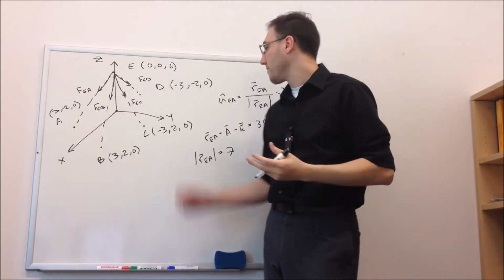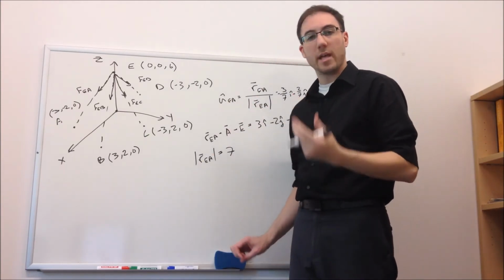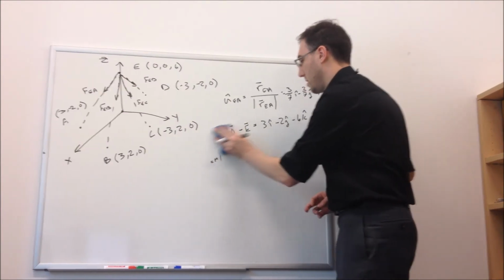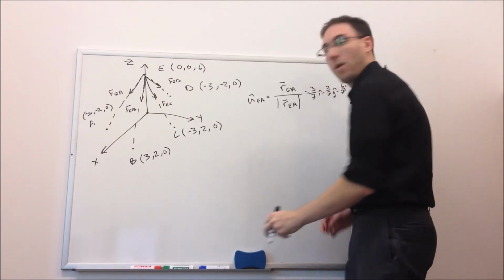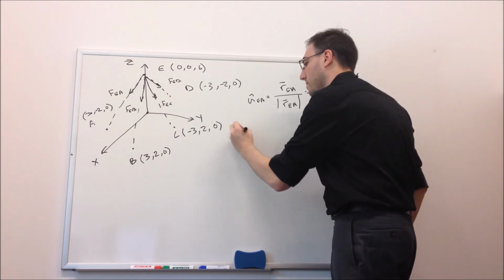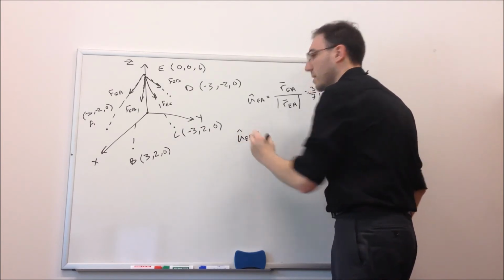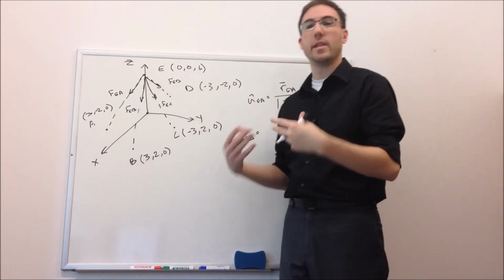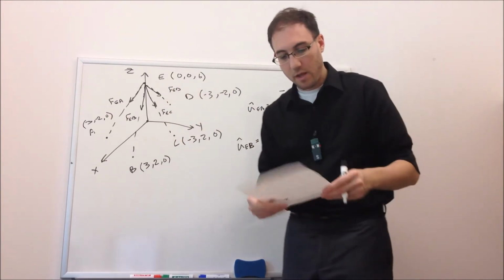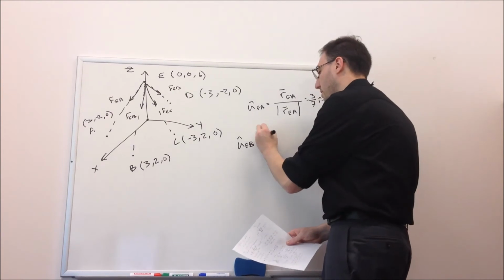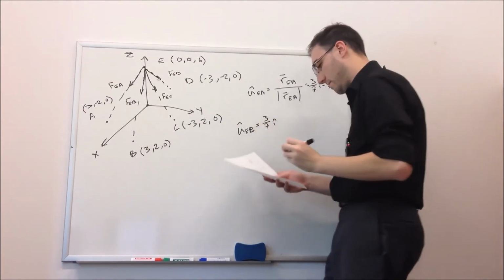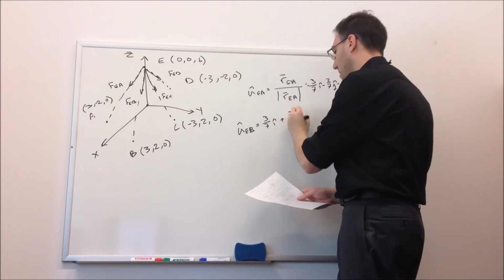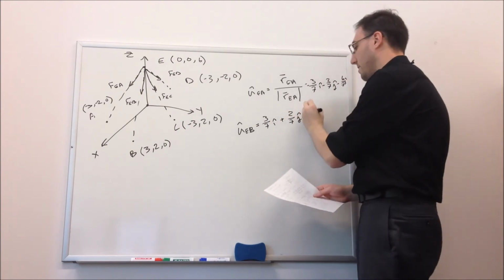So that's the unit vector for EA, and we're going to do the same process for the 3 other unit vectors that we have here. I won't go through all the steps for each of them, but I will write them down. For EB, again, we take point B minus point E, then divide by its magnitude. So this is 3/7 i plus 2/7 j minus 6/7 k.